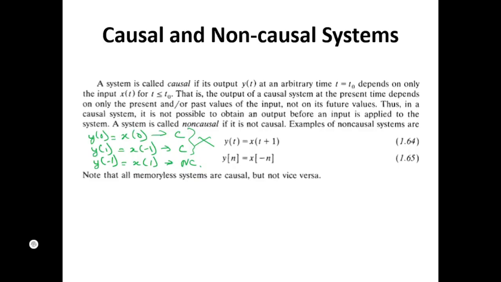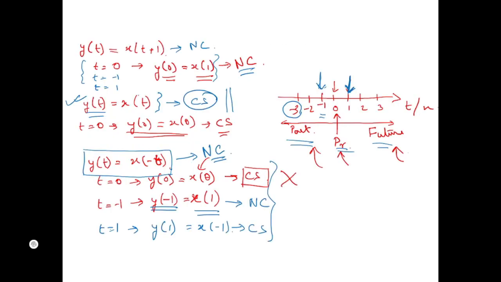If it is non-causal even in one of the instances, then you cannot say that it is a causal system. Even if at one time instance the system is non-causal, that means the system is non-causal. So this one we already discussed. This one also we discussed, right?